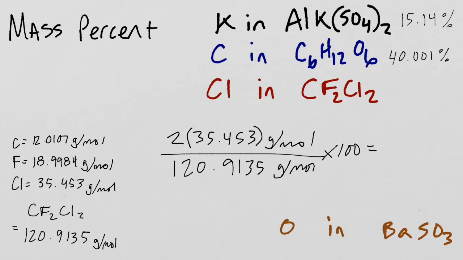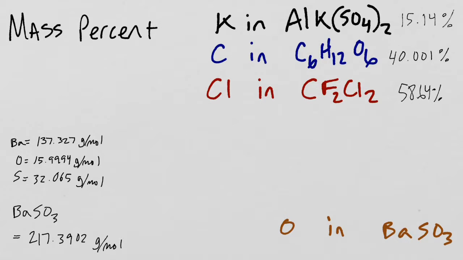And the mass percent of chlorine in CF2Cl2 is 58.64%.